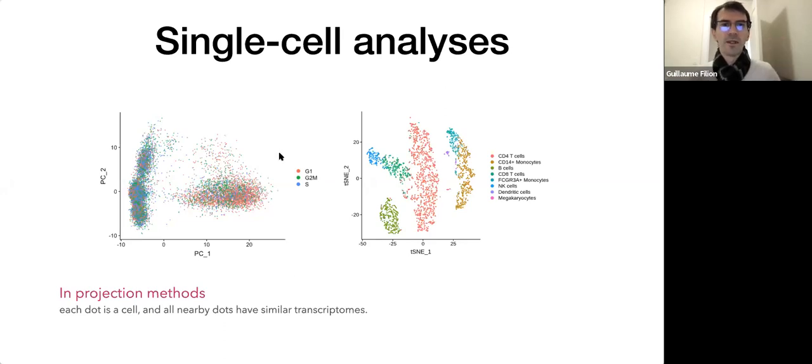You can use methods like PCA or t-SNE, in which you project that in 2 dimensions. And now you represent one dot as one cell, and 2 dots are close when the transcriptomes are similar, and 2 dots are far when the transcriptomes are not so similar. For instance, when you do that with a method called PCA, you can see that the cells form clusters. And what these clusters are mostly are G1, G2/M, and S. It's kind of obvious that cells at different parts of the cell cycle express different genes.